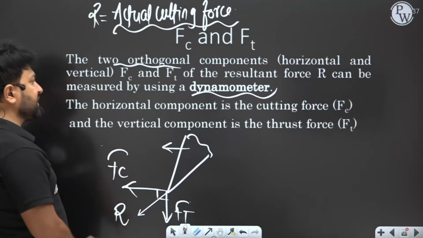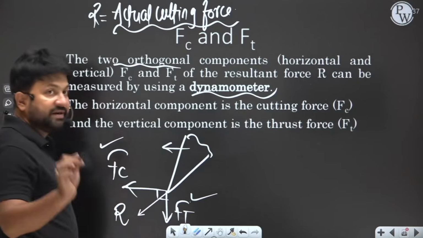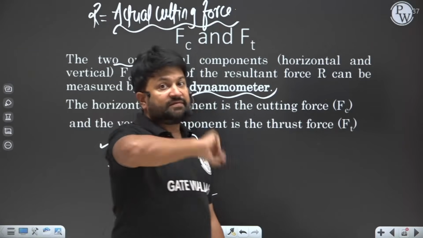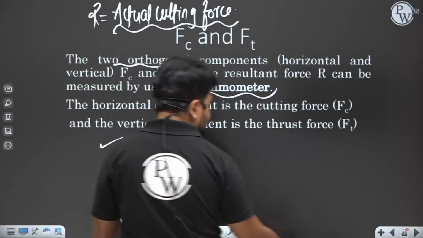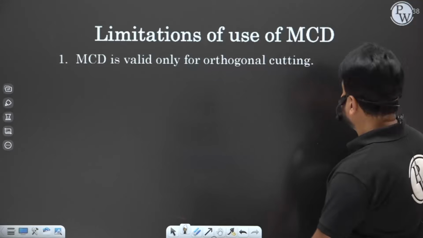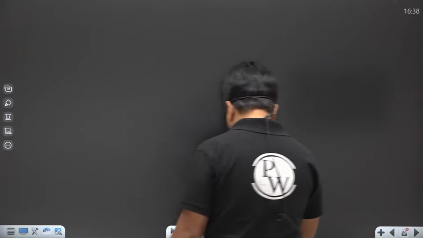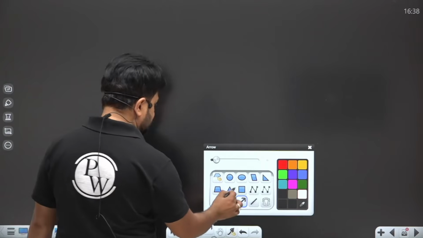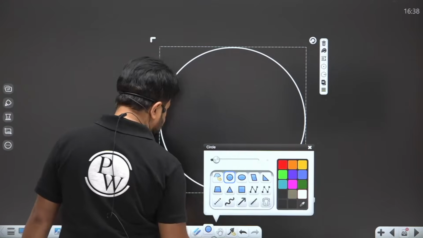We measure Fc and Ft with the dynamometer, and because of that relation, we connect all the forces with R.